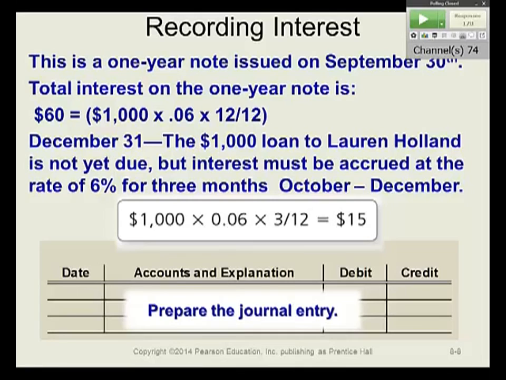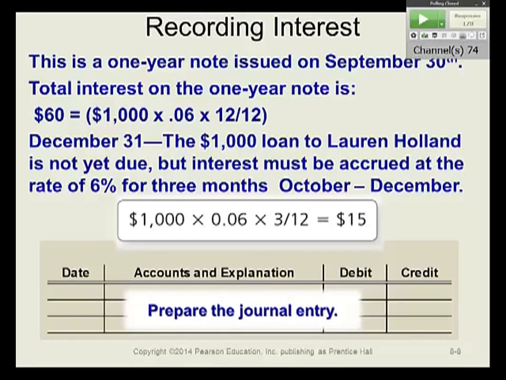Now, the note will mature, let's say, next year, but in this case, you've got 3 months of accrued interest. So that accrued interest has to be recorded at year end. So you have 3 months accrued interest, which is going to be for the $15.